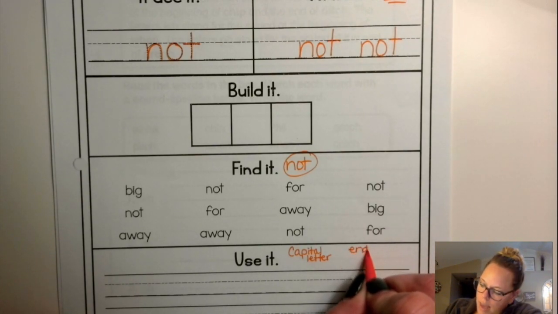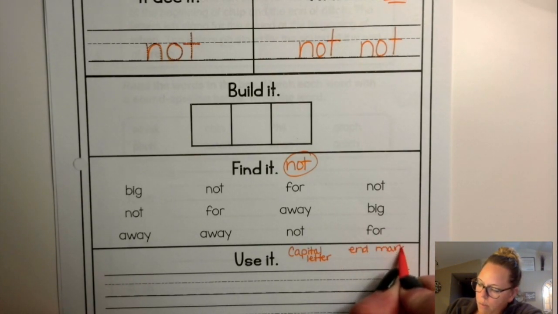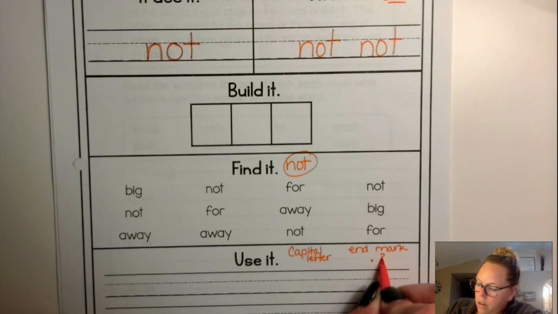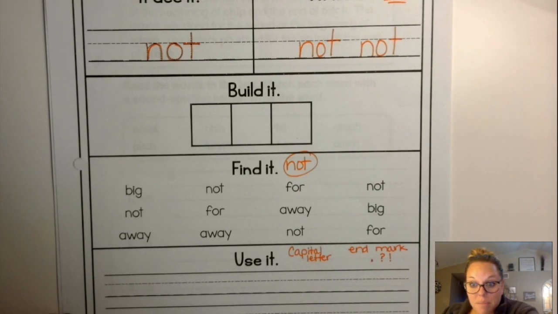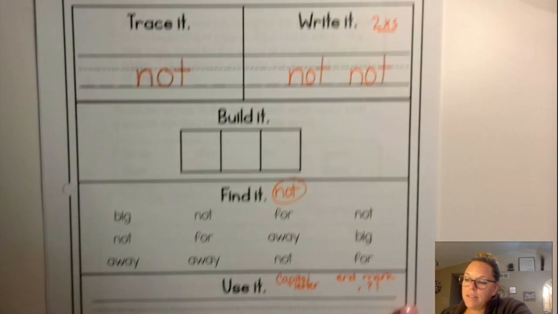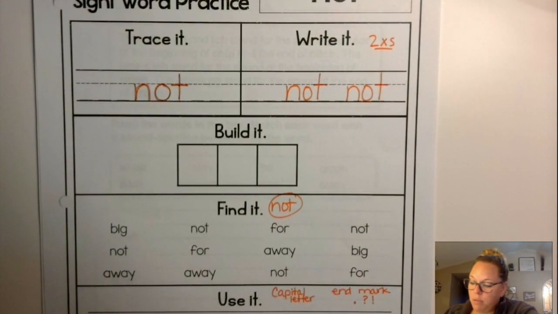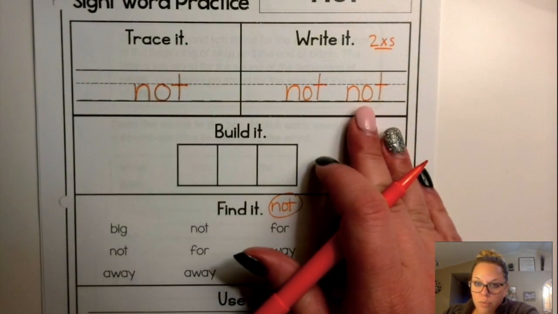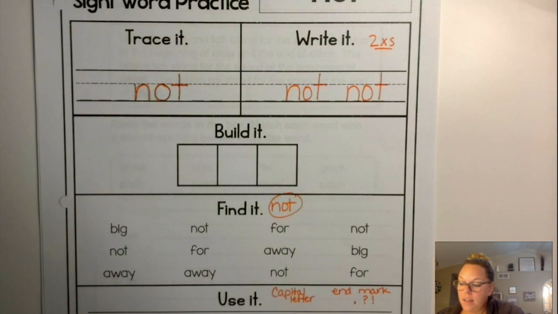You also at the end need an end mark. Remember, your end mark choices are period, question mark, or exclamation mark. When you are done with this sheet, double check all your work. Make sure that your words are written neatly, that you've done them each 2 times. Even make sure that your sentence is written correctly on the line. And then when you're done, this can go into your Tuesday folder.